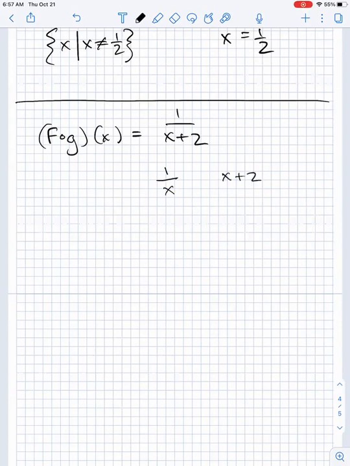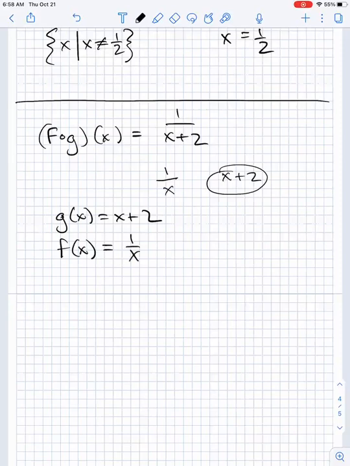So using these two, we can define our functions. The one that's used as the input is the x plus 2. So my g of x is equal to x plus 2. My f of x is equal to 1 over x, because f of g of x is equal to, remember, you're going to make your f of x function and insert your g of x function. So this gives me the 1 over x plus 2.